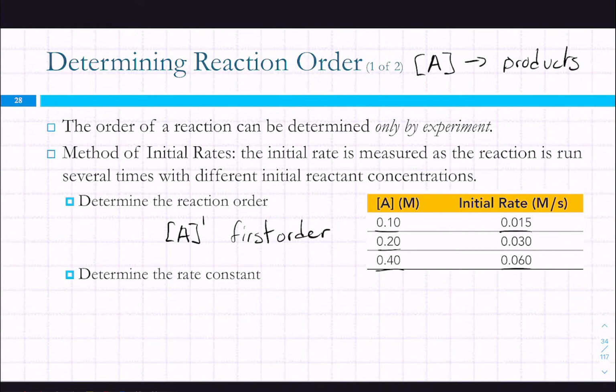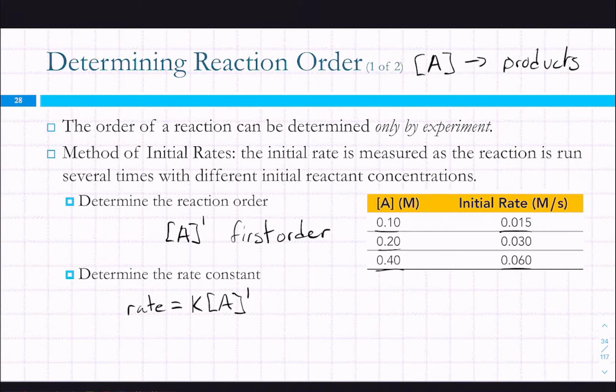And then with that rate law, there we go. The rate is equal to K, A, and I'm going to put the first here, just for now, just on this one.